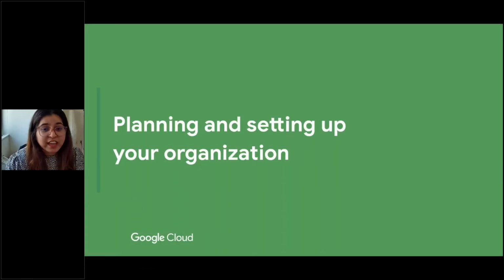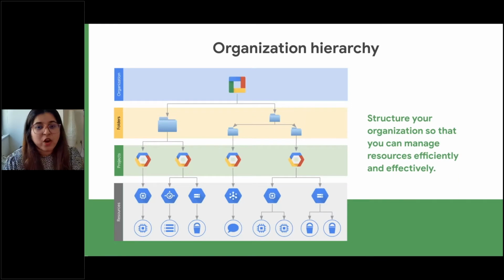Now with that, I want to get to the first topic, which is planning and setting up your organization. The diagram that you see on the screen is an organizational structure. Google Cloud is extremely unique in how it does things. The main aim for us is making your environment highly secure, but also digestible and not so complex to understand.